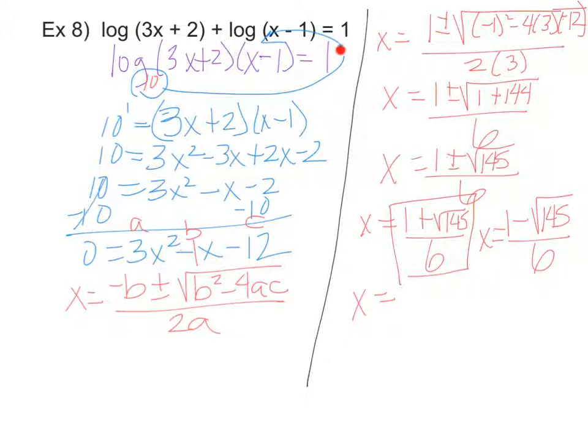Remember, when you start with a logarithm, you cannot have a negative solution. So if you look at that negative solution, that one crosses off. Your only answer is 1 plus the square root of 145, divided by 6. So your only solution to this problem is the positive one.